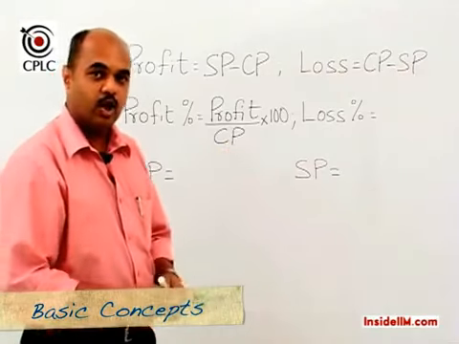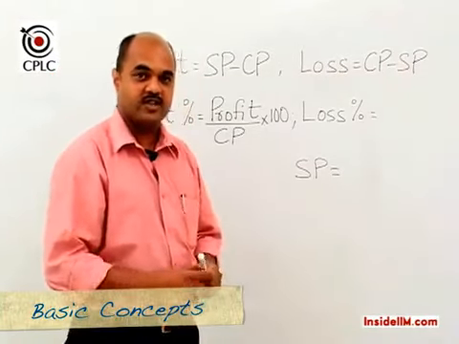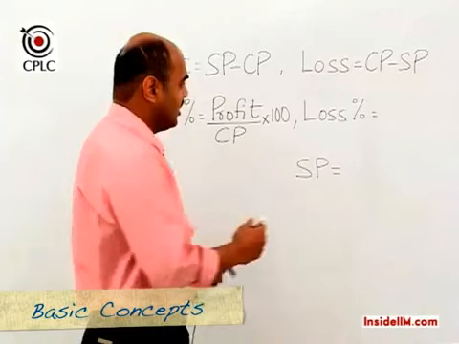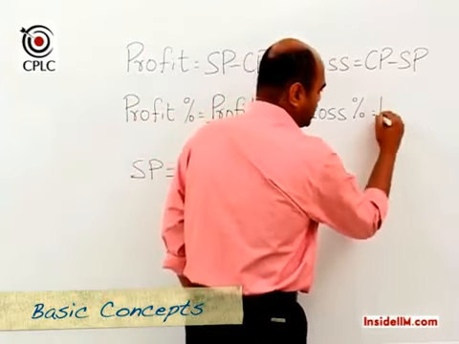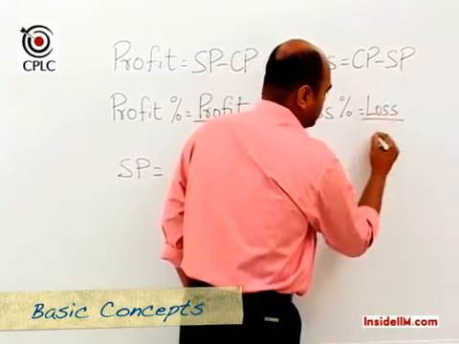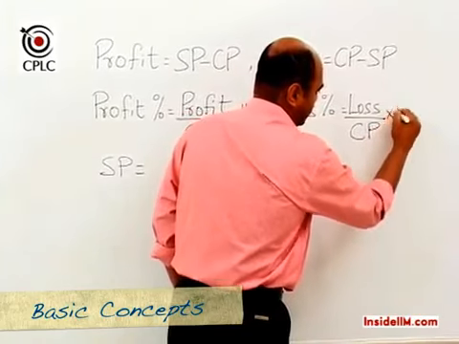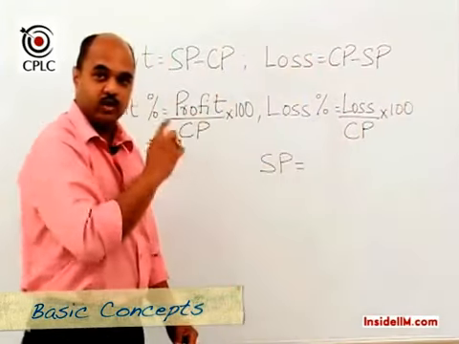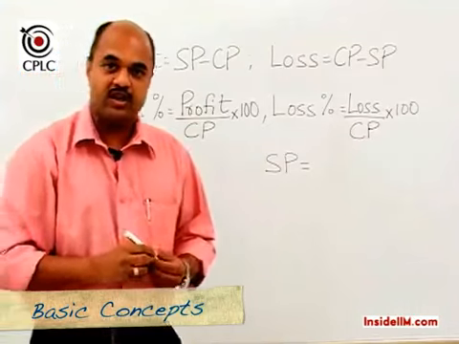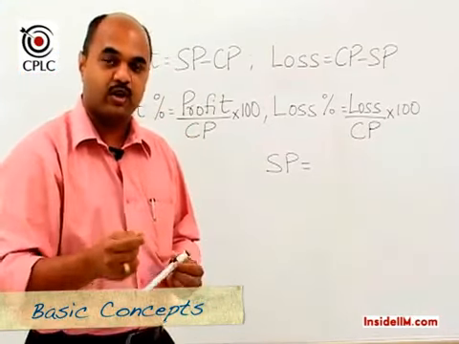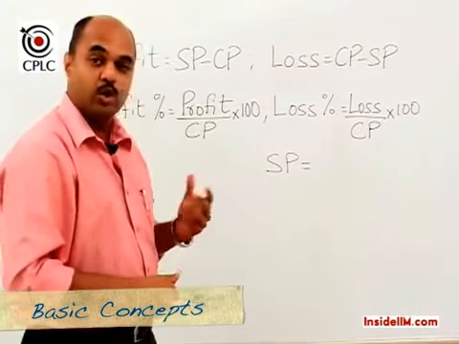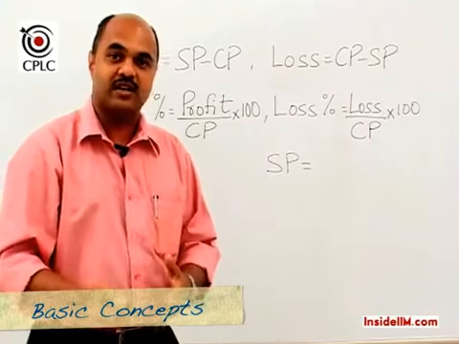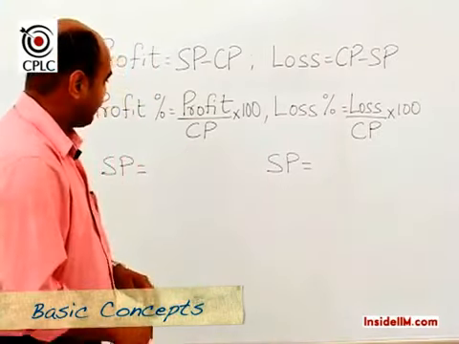And similarly, loss percent would also always be calculated on the cost price, and hence the formula for loss percent would be loss divided by the cost price into 100. Now, through these two formulae, what we're doing is we're converting the profit or loss, which was in rupee terms, into a percentage of the cost price.